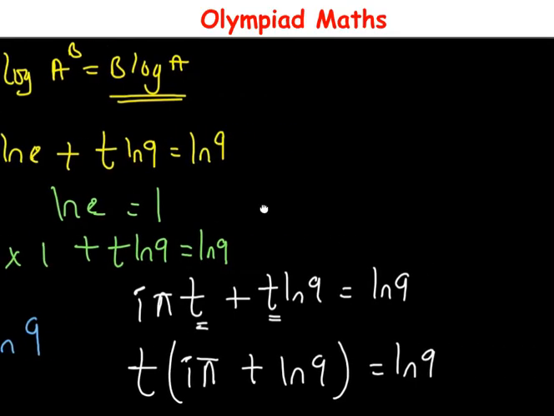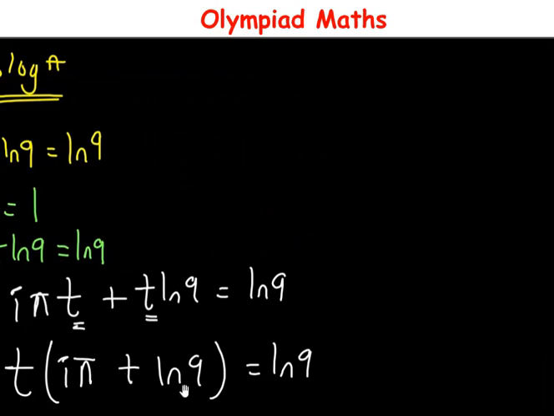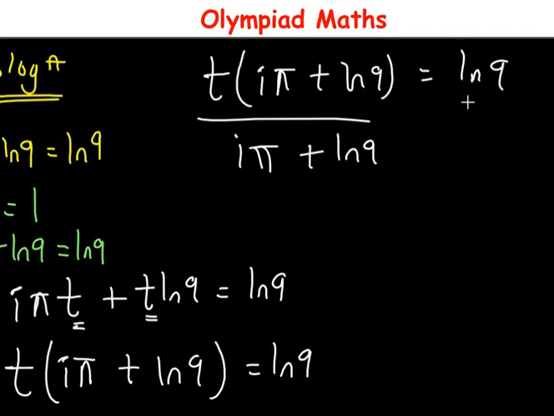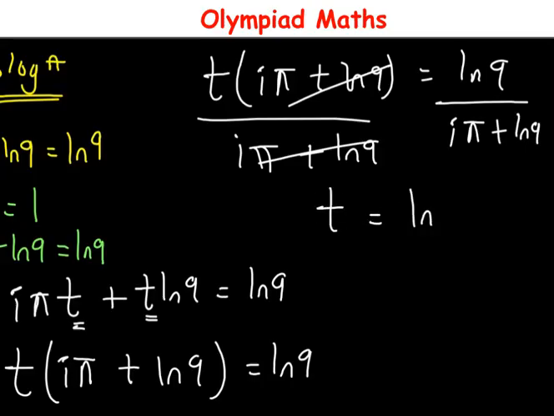So with this, dividing both sides by (i pi plus ln 9), this cancels this. t is equal to ln 9 over (i pi plus ln 9). So with this, we have gotten the final solution for the value of t using the second method.